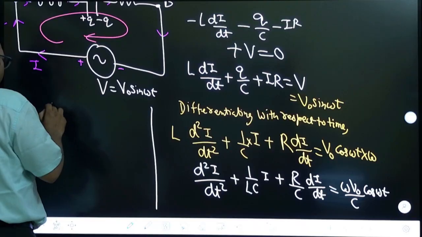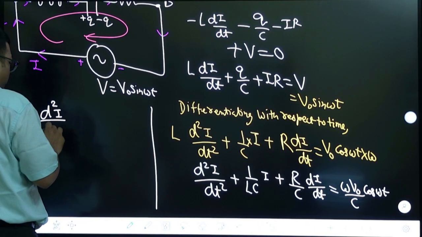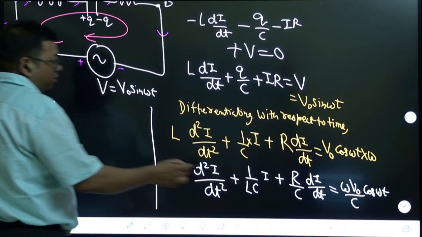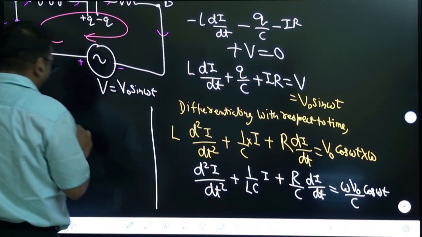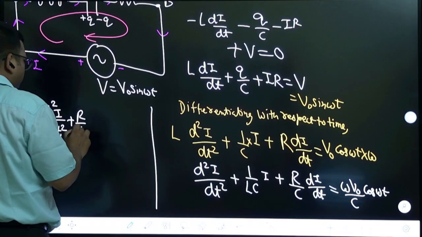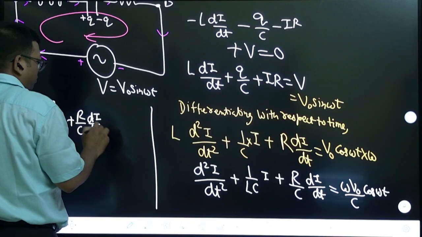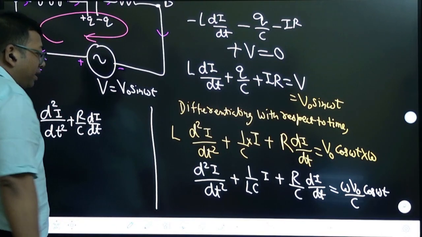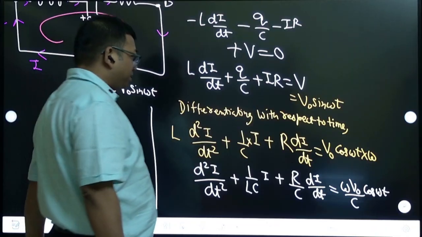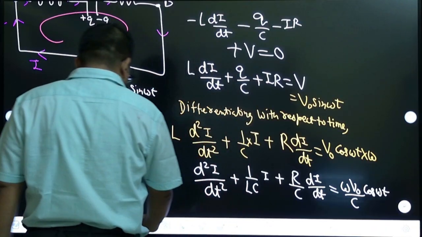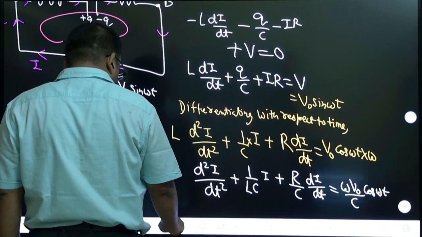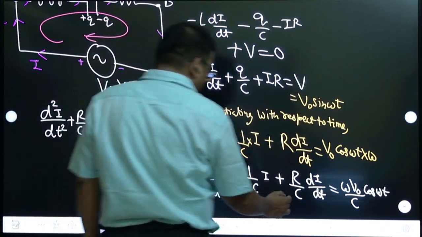So d square I by dt square. Then the second term I will bring first, R by C di by dt. Did I divide by L or C? Sorry, I divided by L. I made a mistake here. I have divided by L, right?